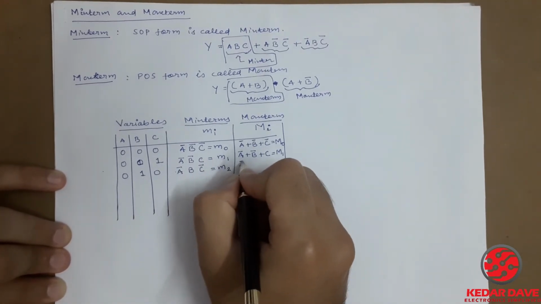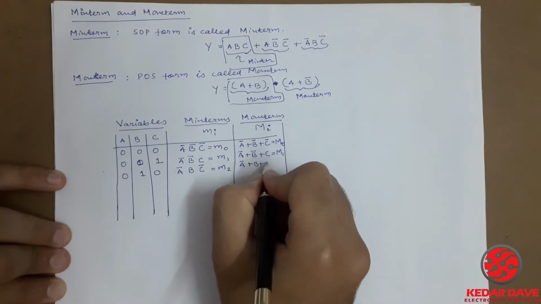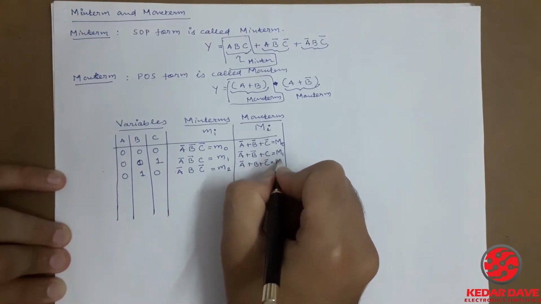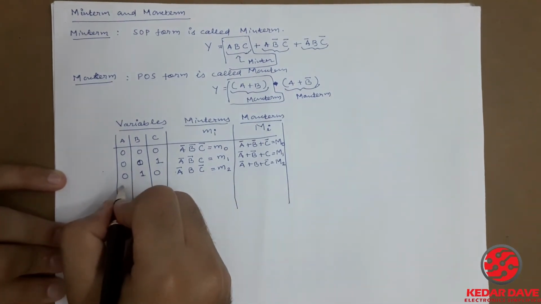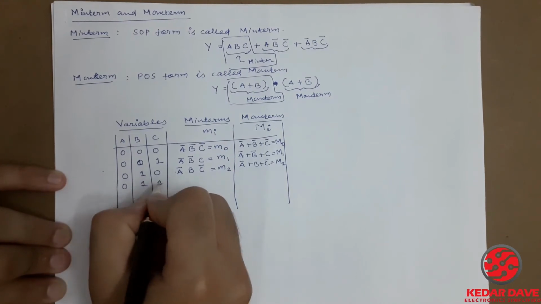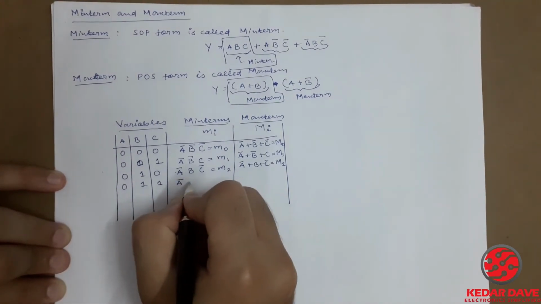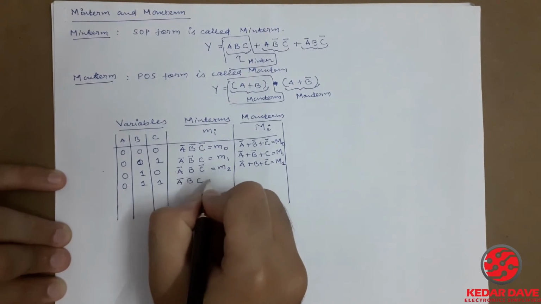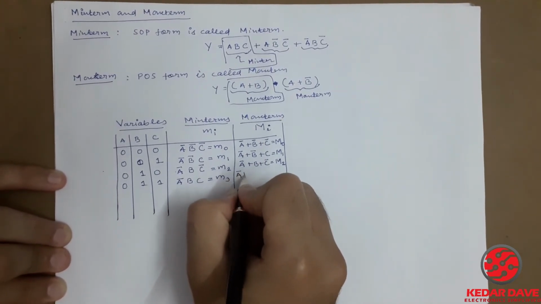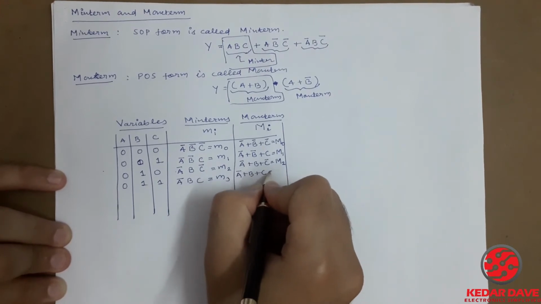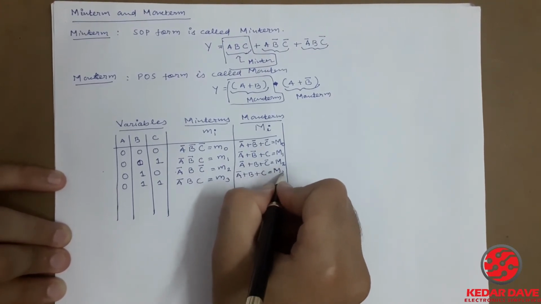Here we can write a plus b bar plus c as M2 for the maxterms. After that, if we take 0, 1, 1, then it can be represented as a bar b c is equals to m3. Over here, a plus b bar plus c bar is equals to capital M3.